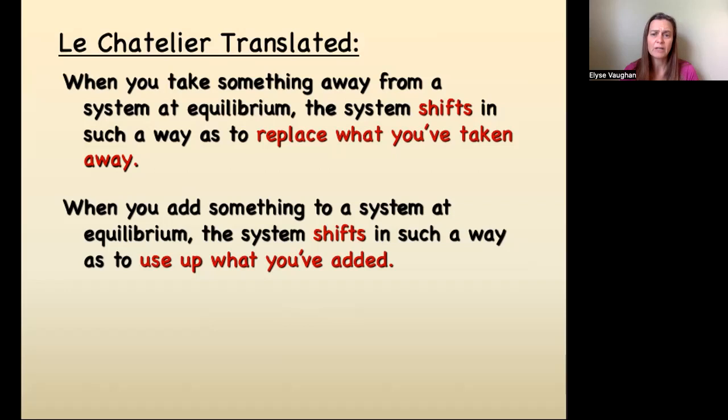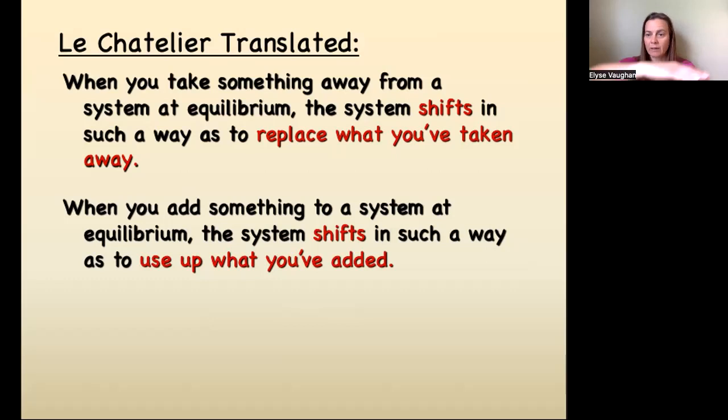And so if we change the concentration of any of the reactants or the concentration of any of the products, that's going to affect the rate of the forward reaction if we've changed the reactants, or the reverse reaction if we've changed the products. And so when we change those rates, then we affect our equilibrium. So the equilibrium point is going to stay the same, but the system is going to shift to try to come back to that same original equilibrium point.